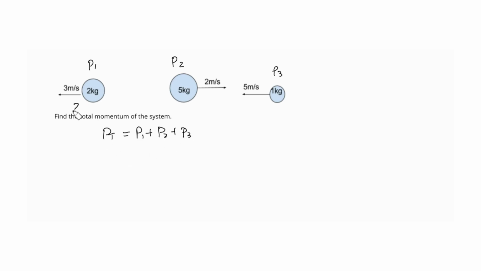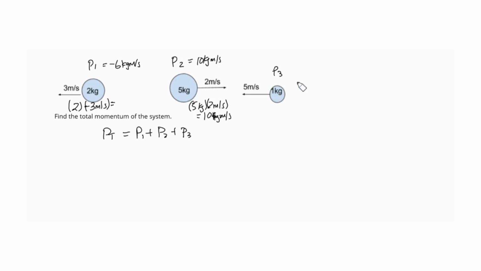P1 in this case is 2 times negative 3 meters per second, and that gives you negative 6 kg m/s. And then we look at P2, which is 5 kg times 2 meters per second, or 10 kg m/s.